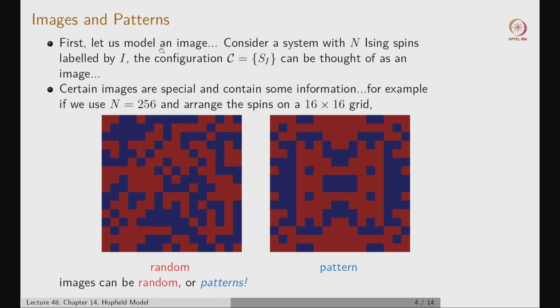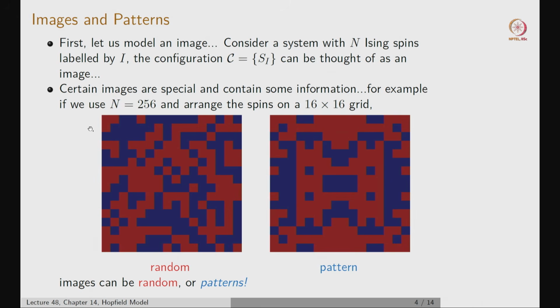So you can imagine that an image is a set of n Ising spins labeled by i going from 1 to n, and so for example in this image you have some red pixels and some black pixels, etc. So you can imagine them to be spins sitting at the centers of these little squares. So this is a 16 by 16 grid, and whenever the color is red, that means that the spin there is in the up state or the +1 state, and when it is black it is in the -1 state.